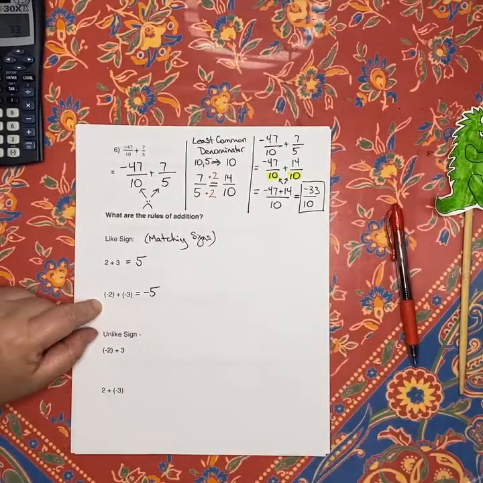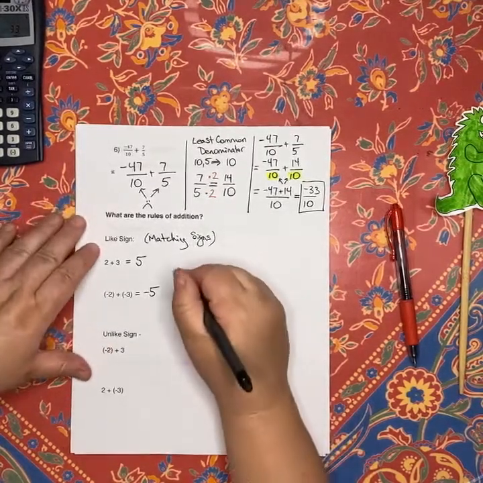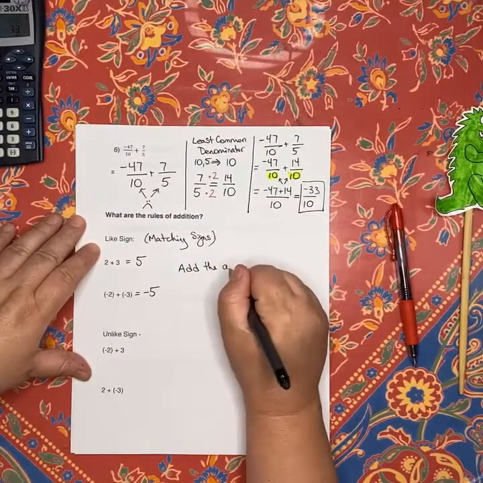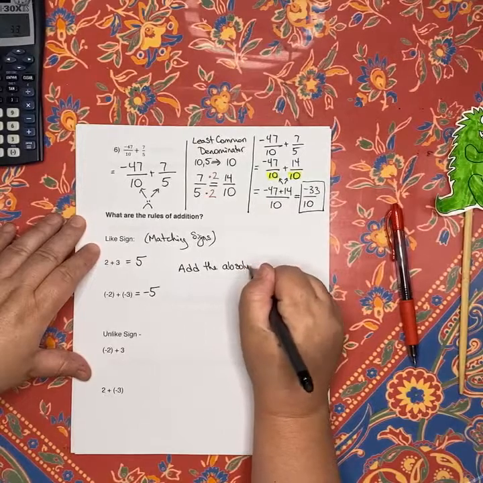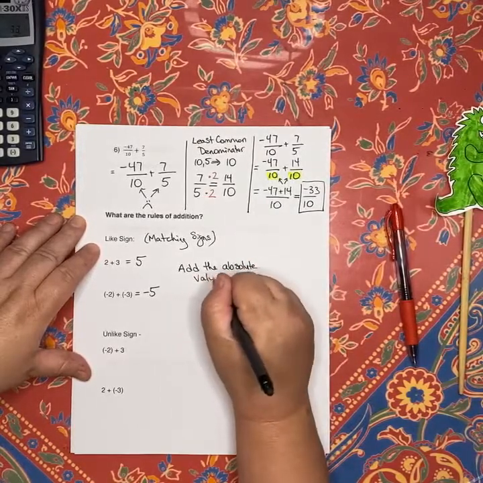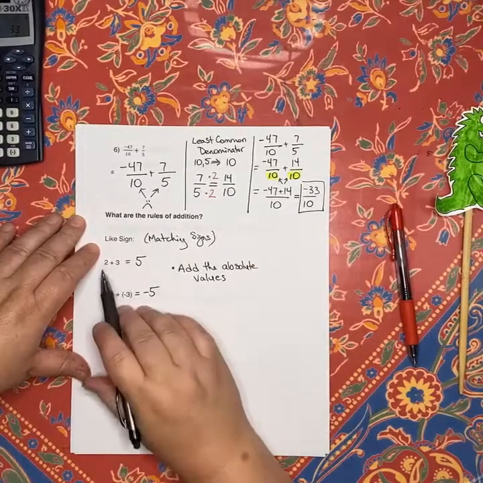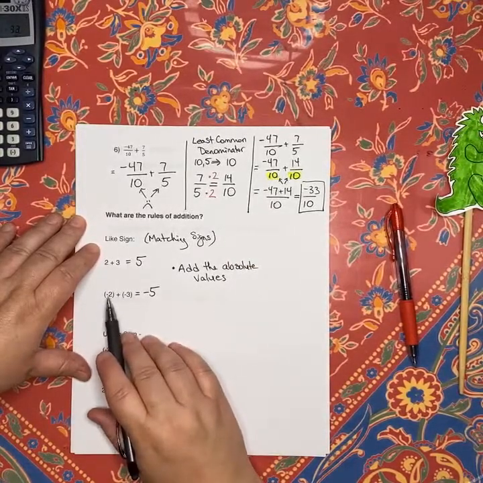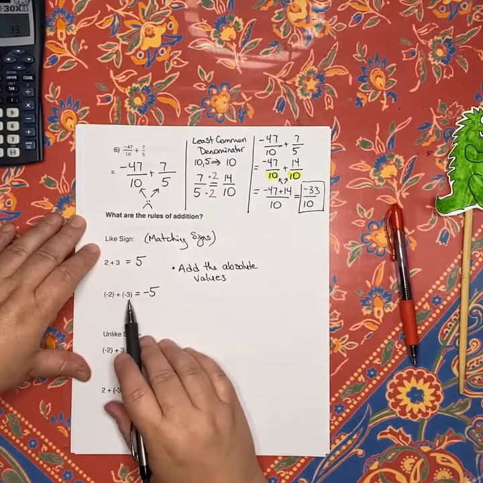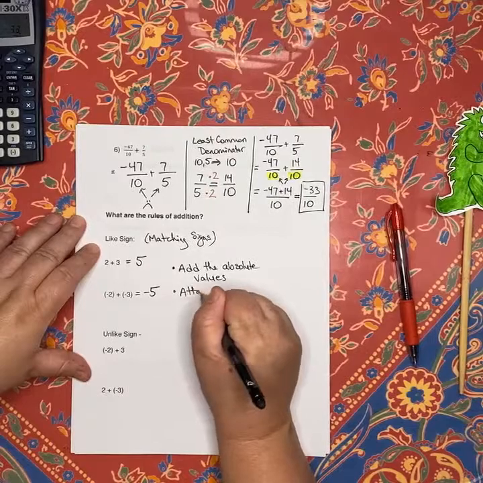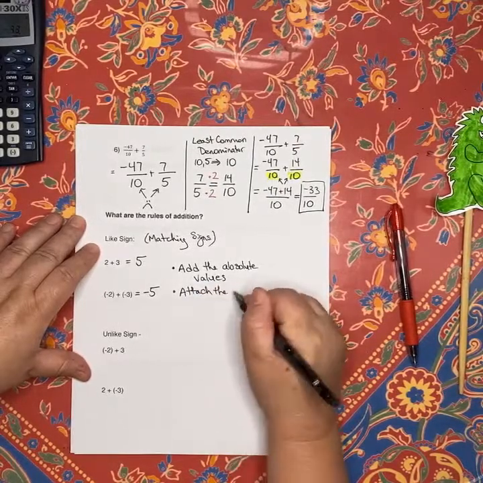So what's the rule? The rule is you add the absolute values. So I add the 2 and the 3, I ignore the signs and then attach the sign.